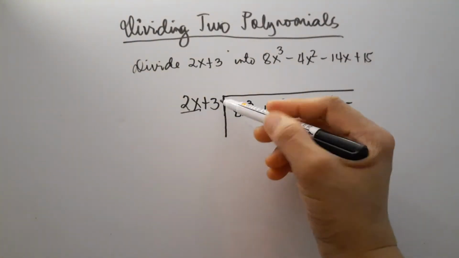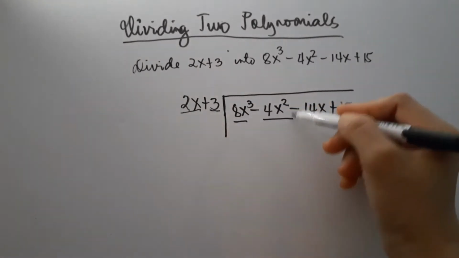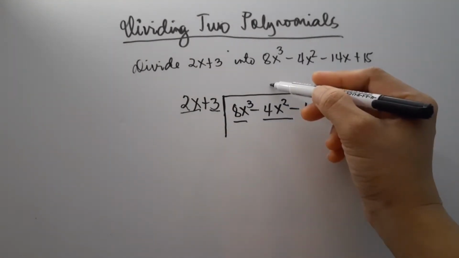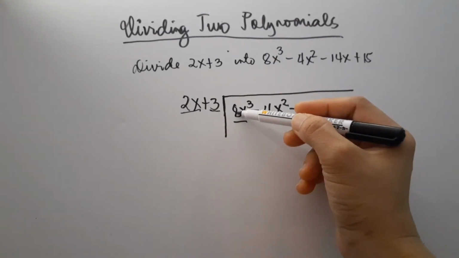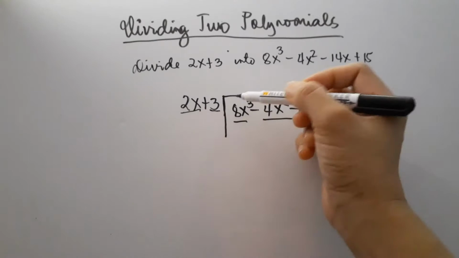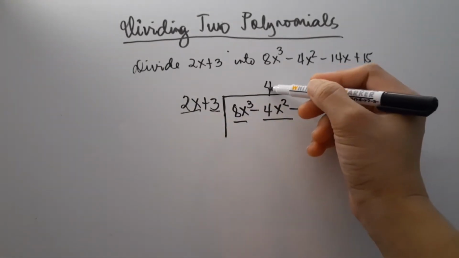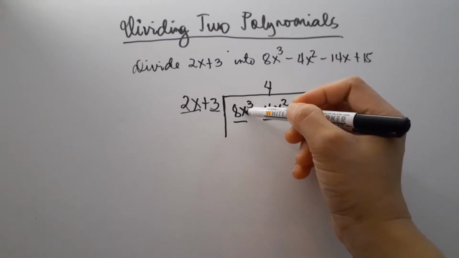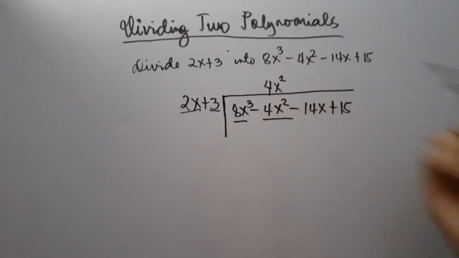Since it is two terms, we can count 1, 2, and the quotient is the center of the second term. So 8x cubed divided by 2x is 4. Then x cubed divided by x becomes x squared.